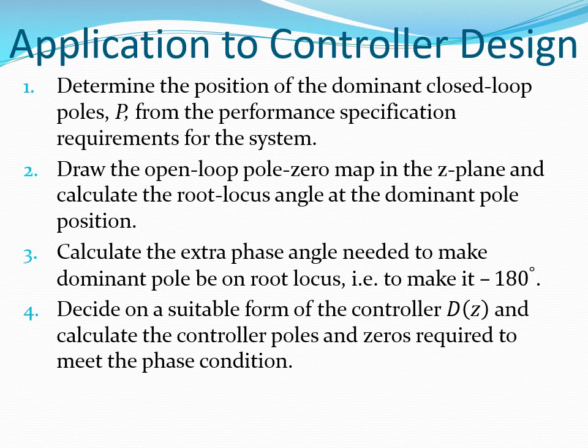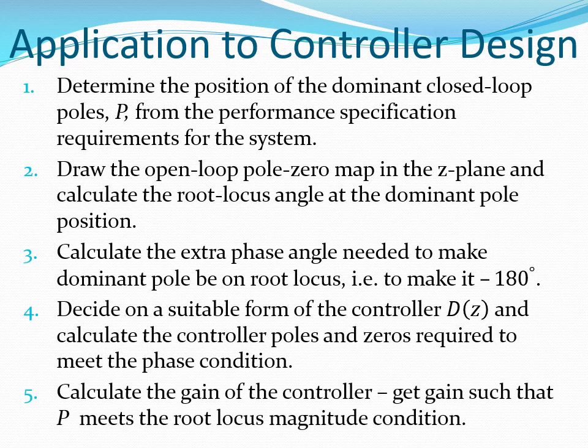To obtain the poles and zeros, we put them as unknowns when calculating the phase angle and solve the equation with the condition that the phase angle must be equal to minus 180 degrees. 5. Calculate the gain of the controller. The gain of the controller is determined from the root locus magnitude condition.